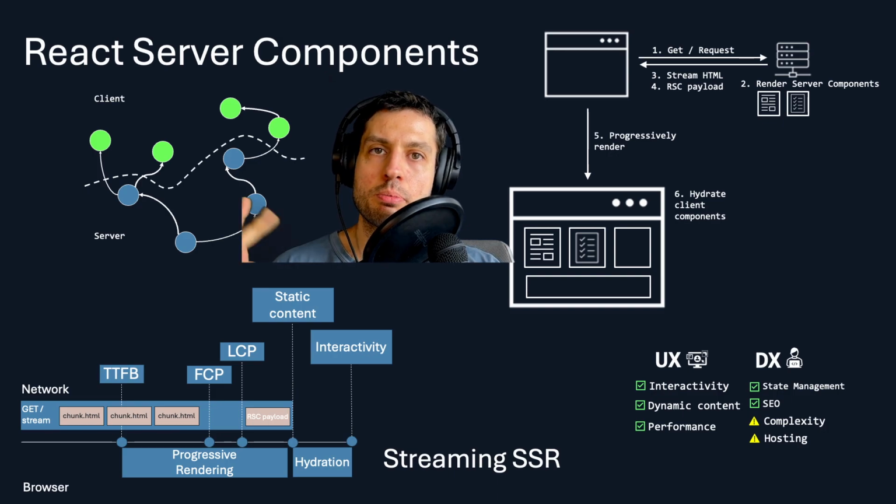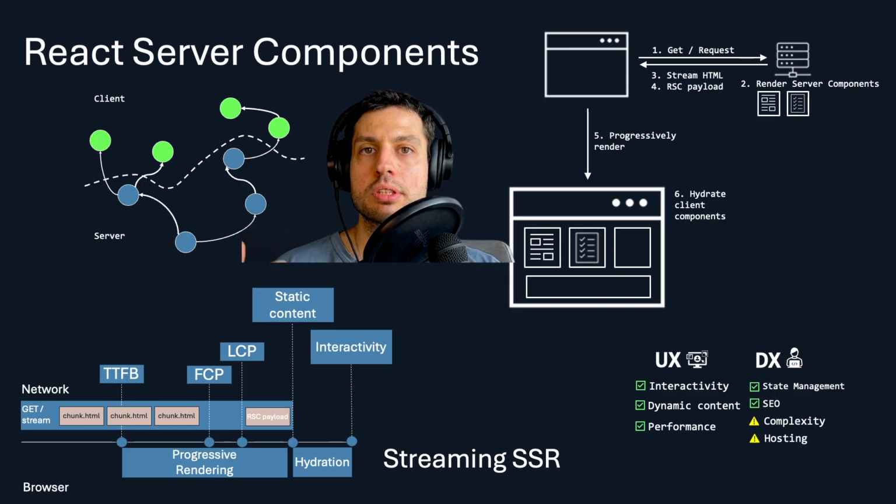And then we start to progressively render the page if we do streaming. Then once we have all of the elements, we start to hydrate the client components. Here you can see we get Contentful Paint a bit faster, and we also execute less JavaScript, so the time to interactivity is even reduced.